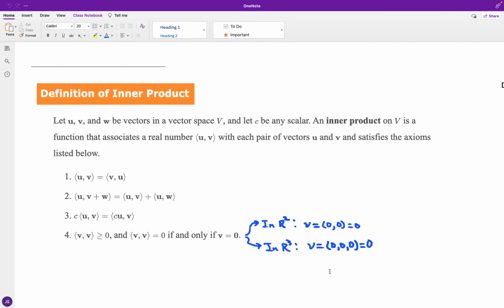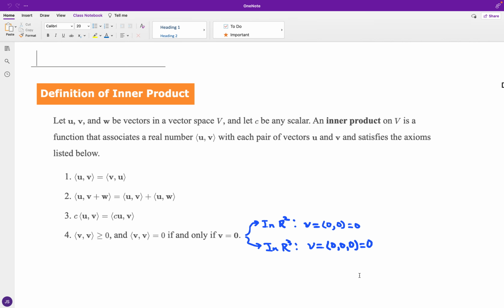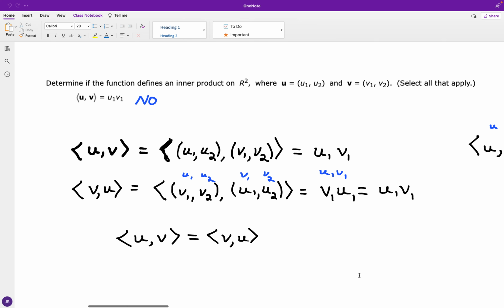In R3, the vector v is equal to 0 as long as all the components v sub 1, v sub 2, and v sub 3 are equal to 0.